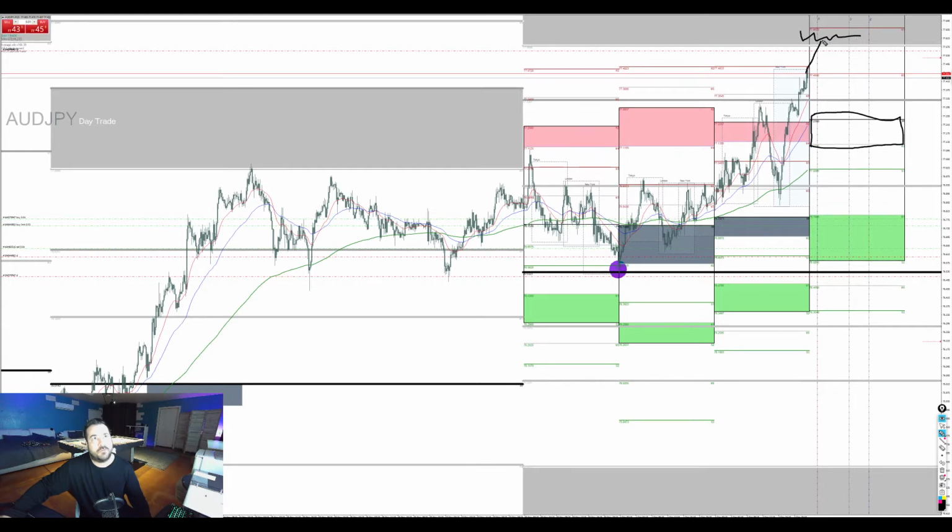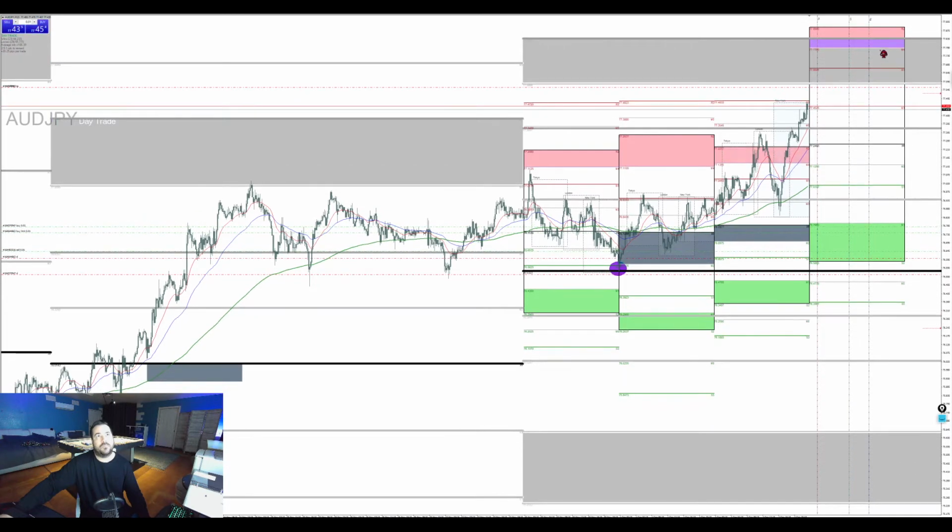If we come here first, we're gonna have to come all the way back and reset down here at central pivot. But if we don't hit the gray zone first, what I'm looking for is to buy price right here and continue in. My target would be right here.